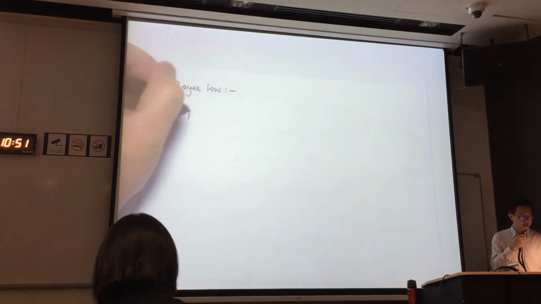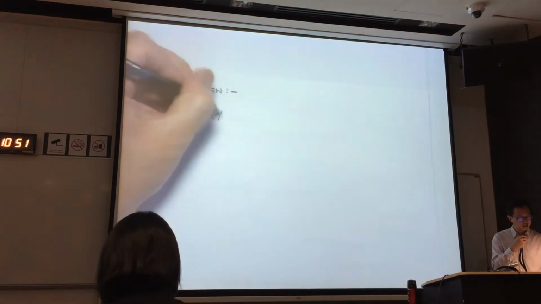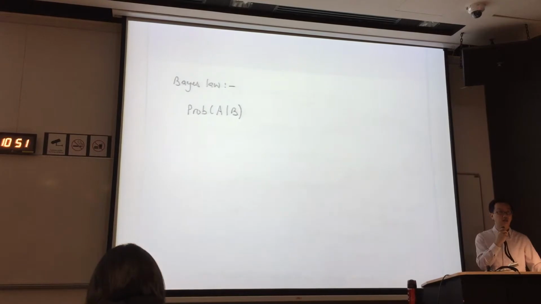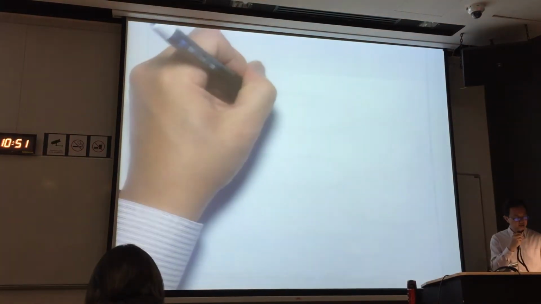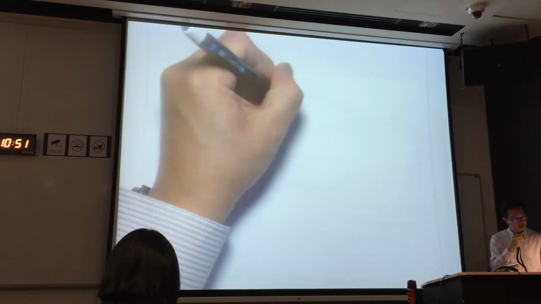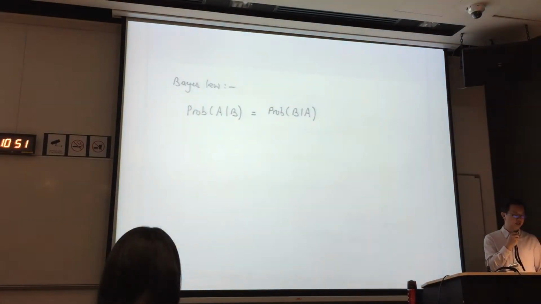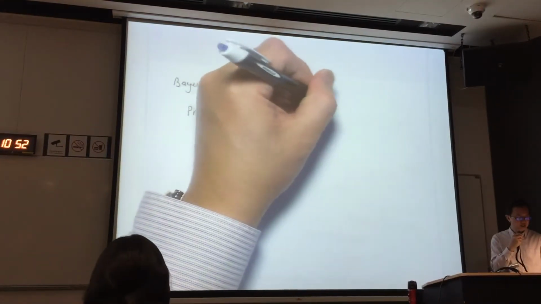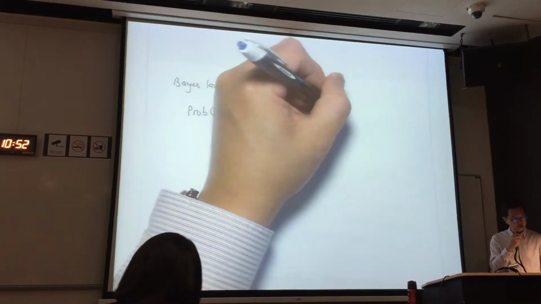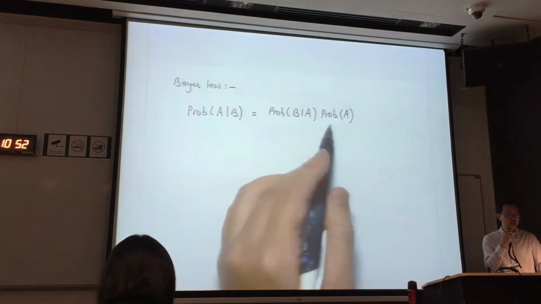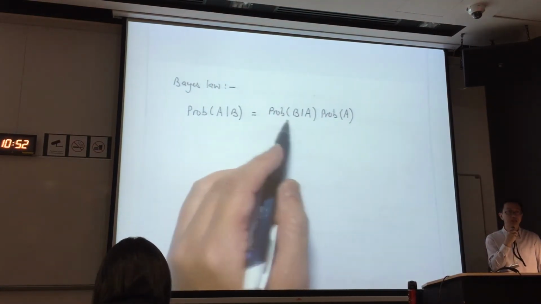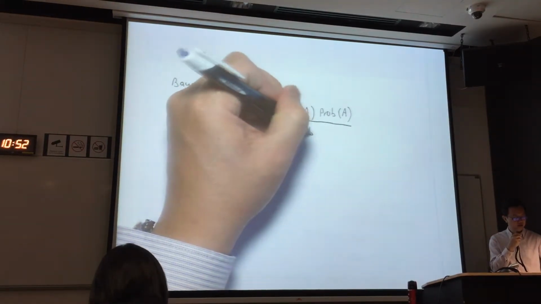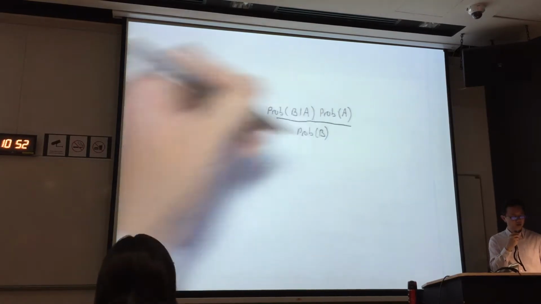We are trying to work out the probability of event A conditional on event B. This can be calculated using the probability of event B conditional on A, so it's the reverse of the sequence. And you multiply by the probability of event A. This is unconditional probability, and this is conditional probability. Then you divide by the probability of event B.